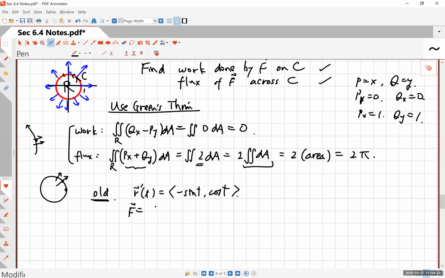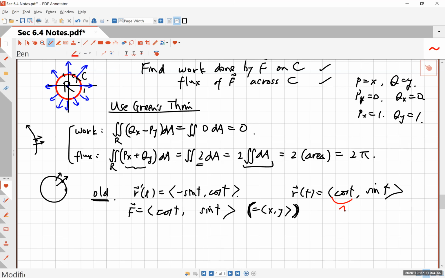Now F happens to be x, y, which is cosine t, sine t, right? Because F is x, y, and r was cosine t, sine t, which basically means that this was x and this is y, okay?